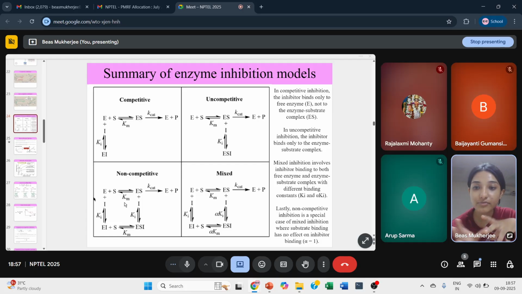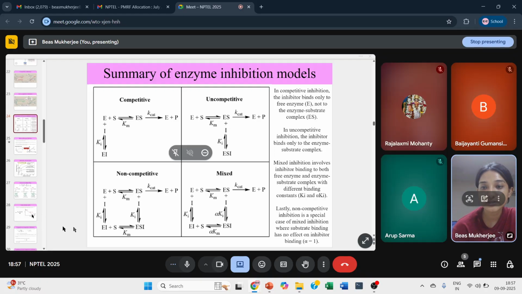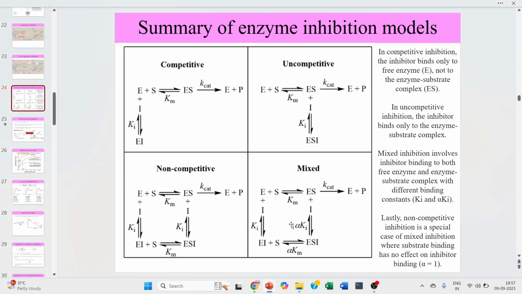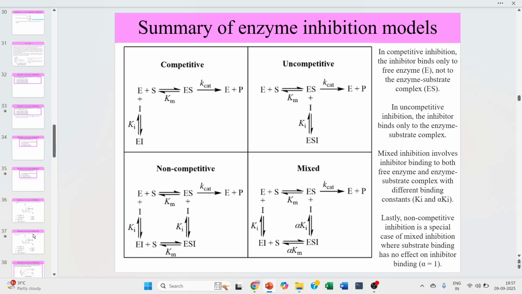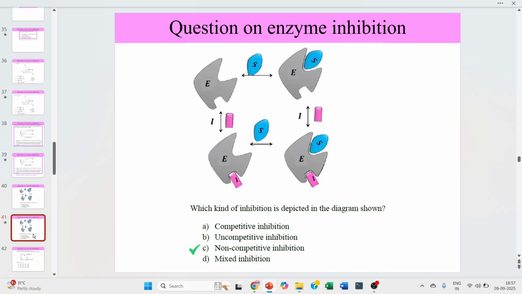So basically, EI plus S is also getting formed, and all the products are the same, but the only thing is that substrate binding is not affecting the inhibitor binding. Otherwise, it looks the same. So that is a difficult one to answer. Okay, we'll move on to the next one.